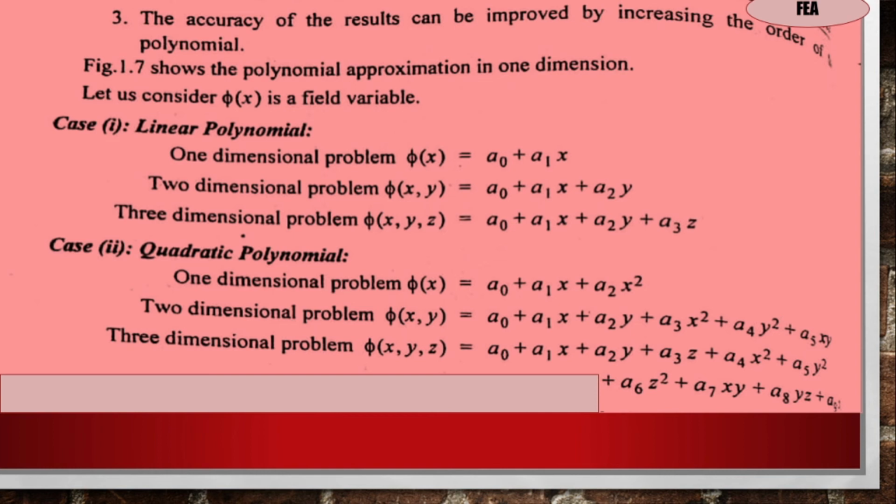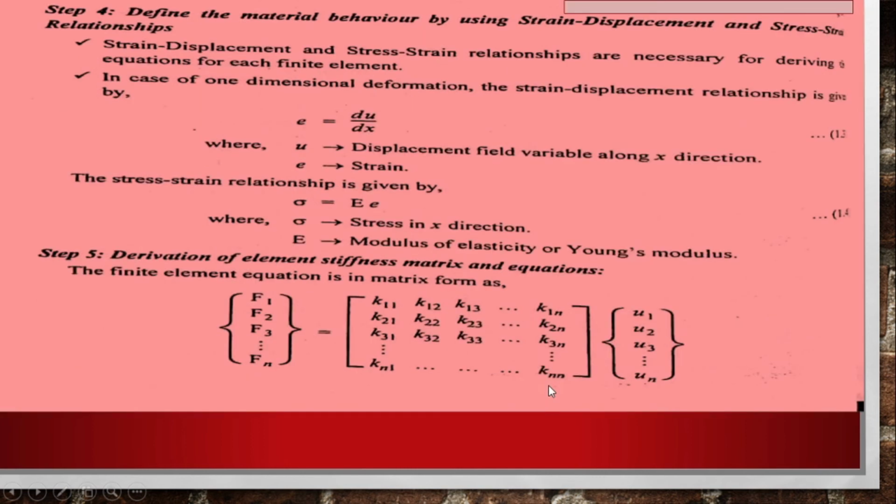And for three-dimensional x, y, z problems, a0 plus a1x plus a2y plus a3z plus a4x squared plus a5y squared plus a6z squared plus a7xy plus a8yz plus a9z. So this is the condition for the linear polynomial and quadratic polynomial.